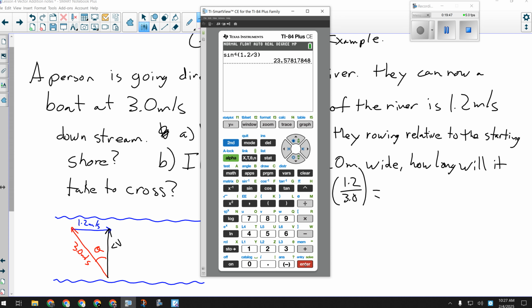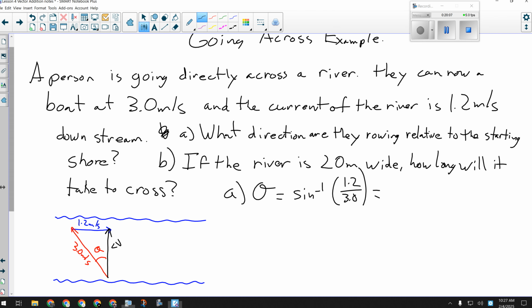Now, that angle is actually not the angle they asked for. This sometimes happens in a question like this. In a boat question, they may ask for a specific direction. So I calculated this angle right here to be 23.57 degrees.